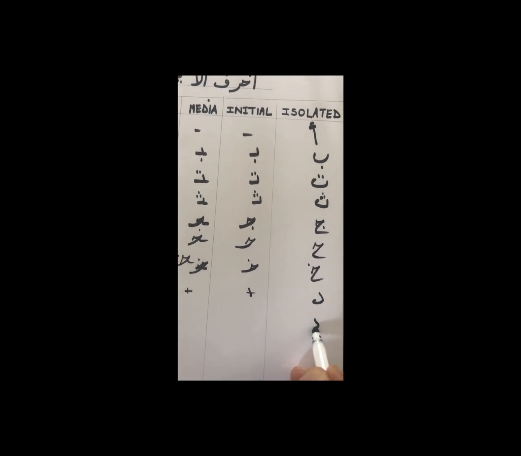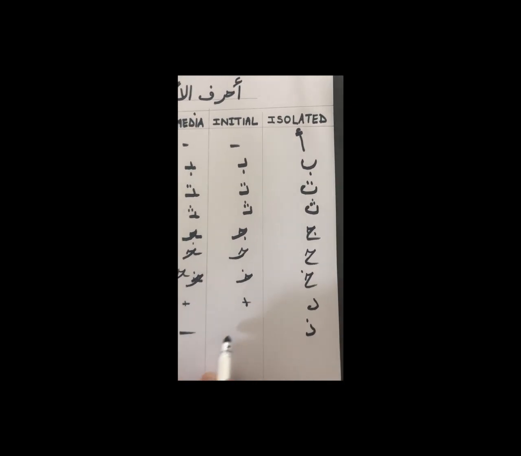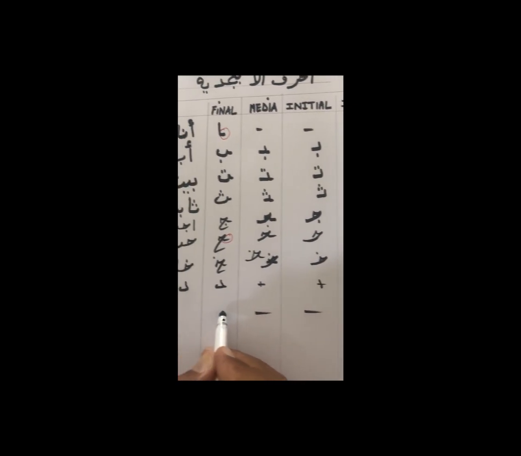Now, dal, nothing in the middle, and now you'll put it dal, and dhanab, tail. The tail of the bear. I don't know if you've got the tail anyway.